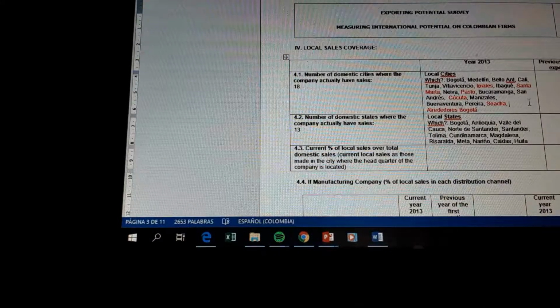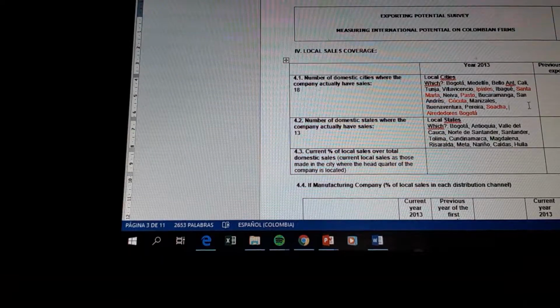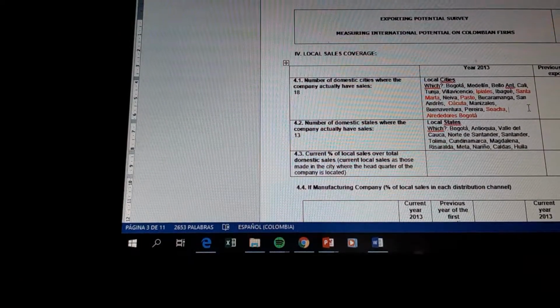And not only evaluating if the company has some logistical skills, but also the manager needs to have some cultural skills to manage the negotiation processes. Because dealing with people in Santa Marta, I'm totally sure that it's very different from dealing with clients in Bogotá or in Cúcuta, Pasto.